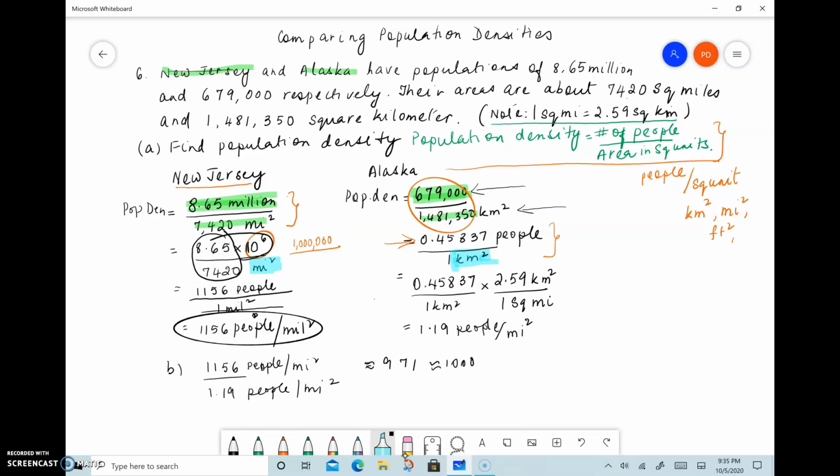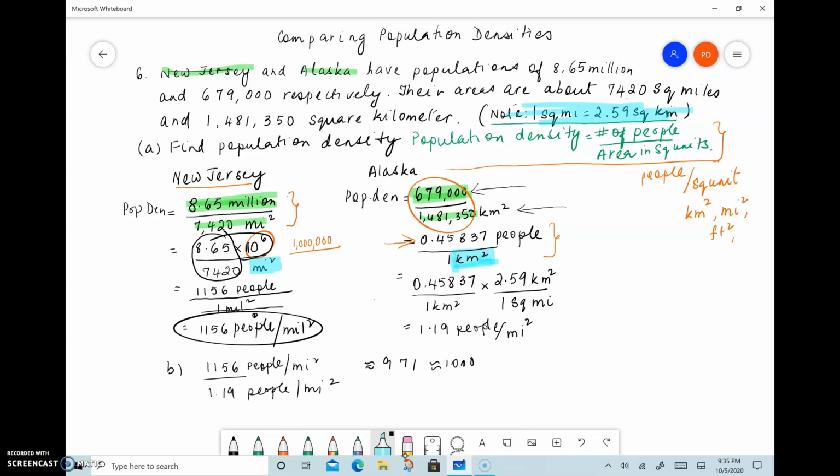It's measured in terms of area, which is given in square kilometers. So we need to be consistent with the units. Therefore, we're going to convert the square kilometers to square miles using the given equation.